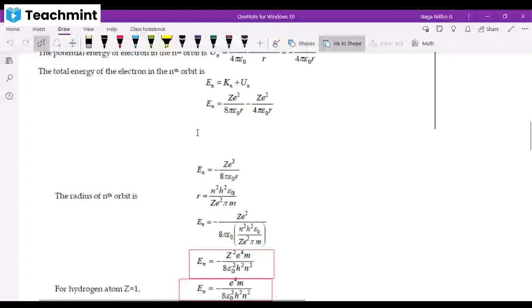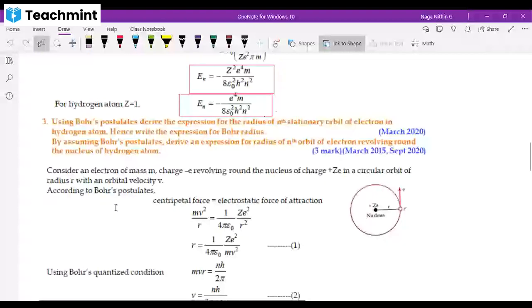Like that, questions will be there. Next, the third question: expression for radius. Derive using Bohr's postulates the expression for the radius of the nth stationary orbit and the expression for Bohr radius. This will be 4 marks, this will be 1 mark, totally 5 marks.